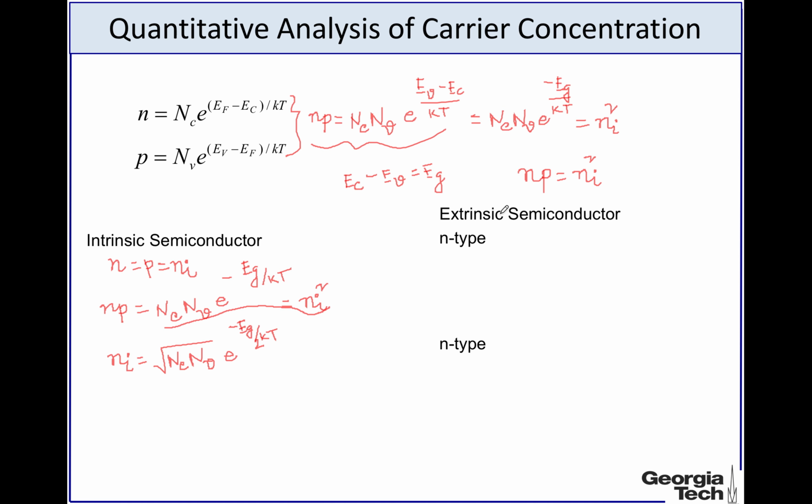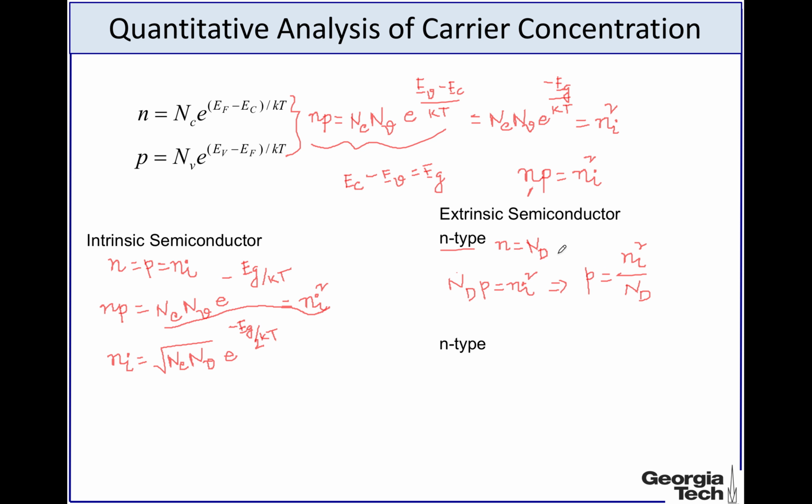Alright, so now let's look at an extrinsic semiconductor. For example, if you have an n-type material, what we have seen is that the electron density is equal to the donor density. So based on this relationship here, Nd multiplied with p equals Ni square, or p equals Ni square divided by Nd.